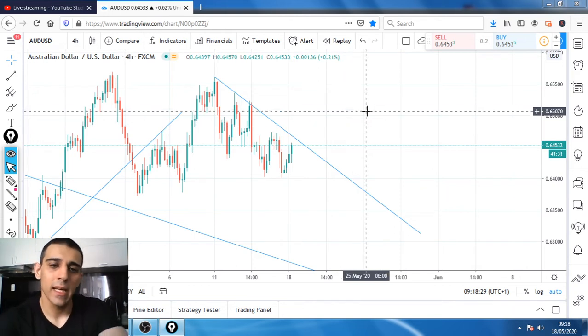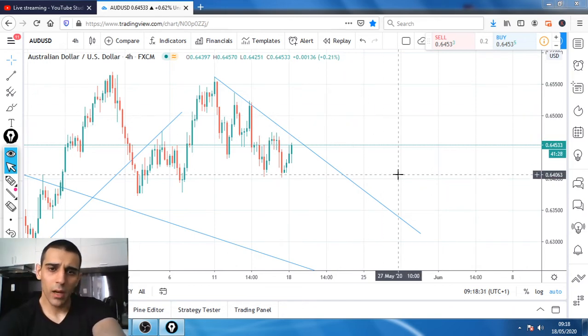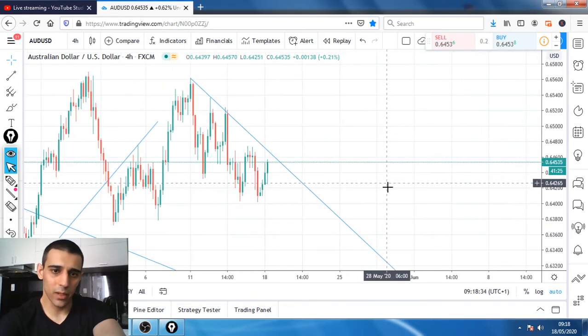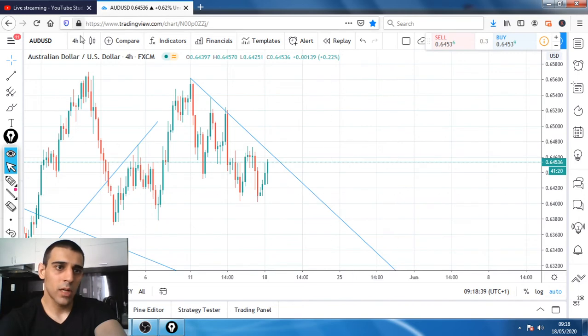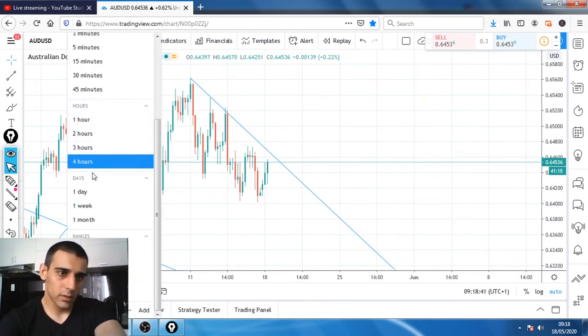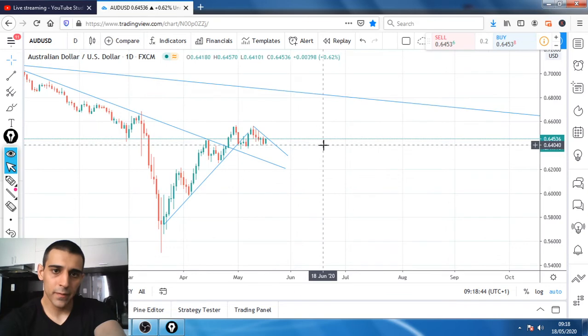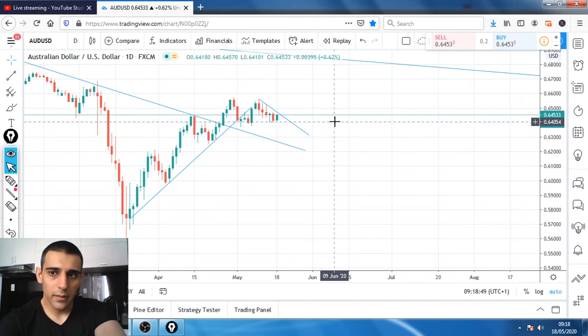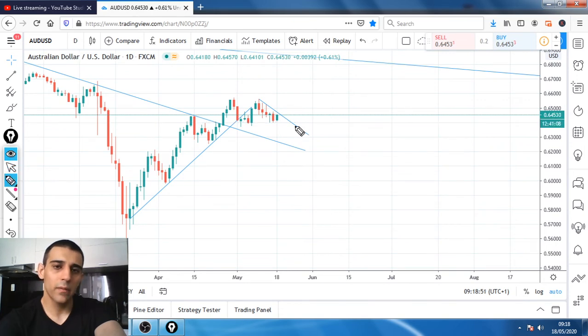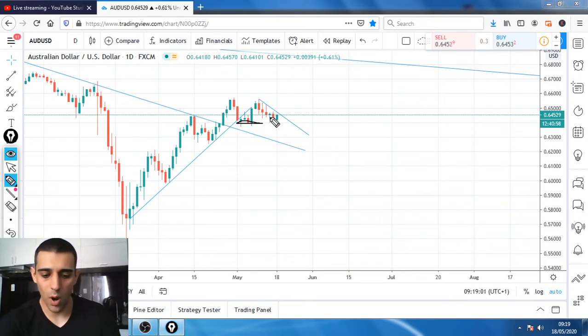For the targets, if you want to play it safe, we can put the targets at 64.05. So we're looking for about a 55 pip gain with about a 20 pip stop loss, which works out to about 1 to 3 risk reward.